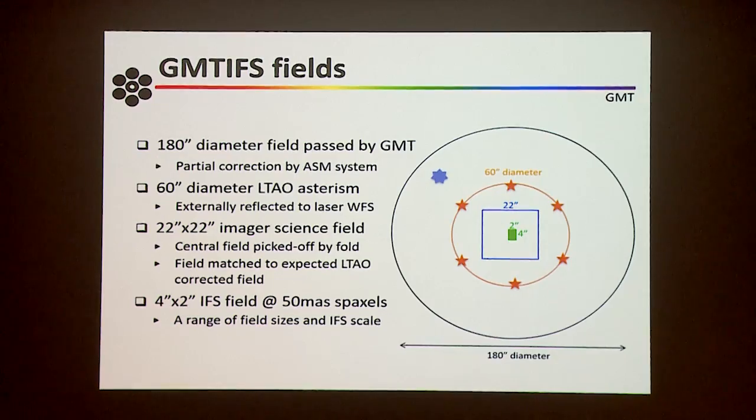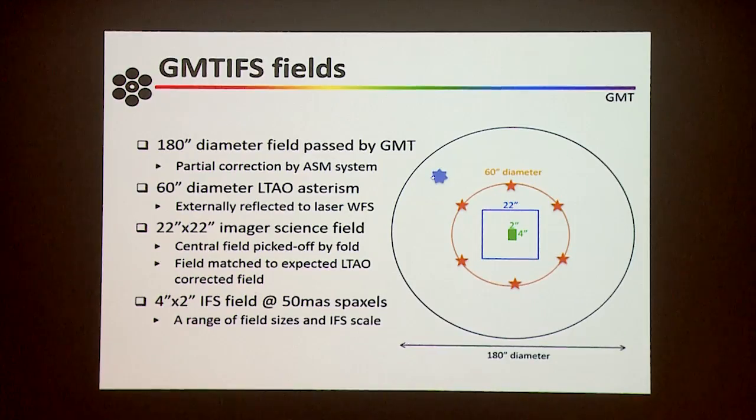That's externally reflected to the laser wavefront sensor. And then within that, there's a 22 arc-second square field, which is the imager science field. And within that, again, is the 2 arc-second by 4 arc-second integral field spectrograph field when it's working with the 50 milliarc-second spaxel scale.